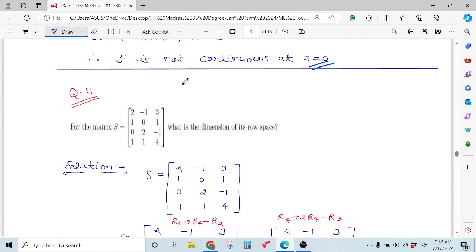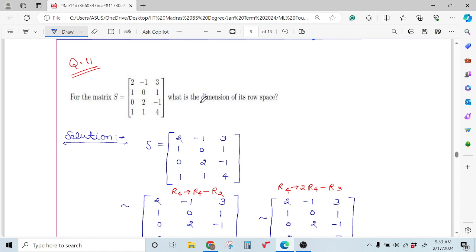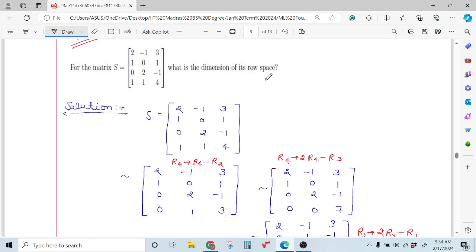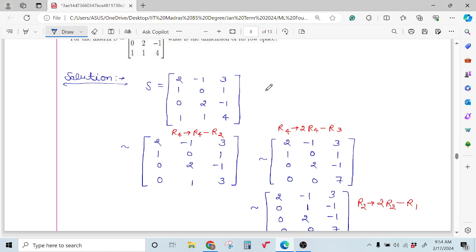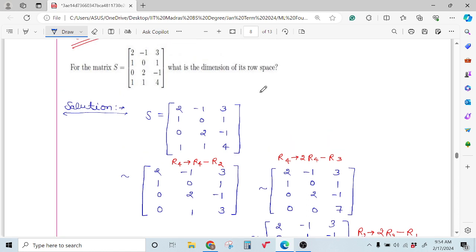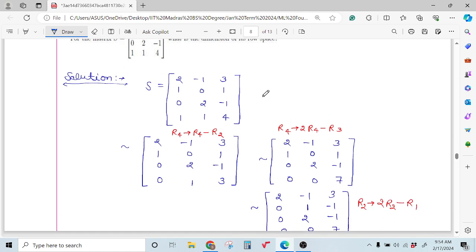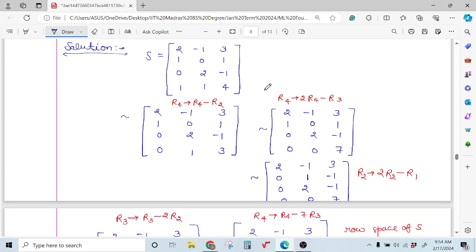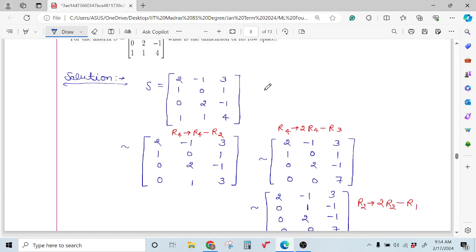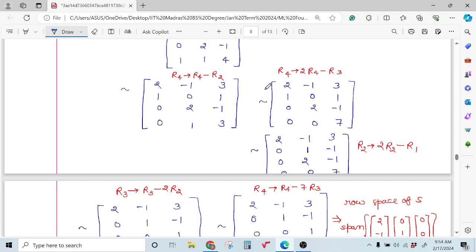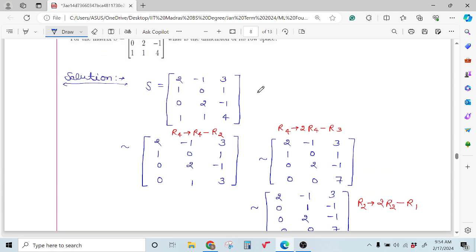Problem number 11. For this matrix, what is the dimension of its row space? We will use the Gauss elimination method to convert this matrix into row echelon form. We converted this matrix by applying the row operation R4 minus R2.